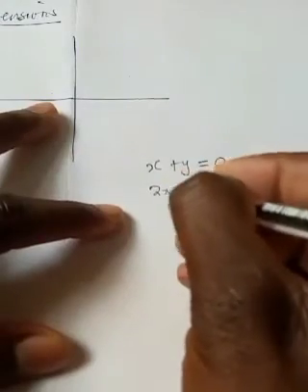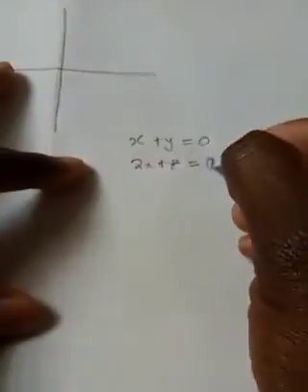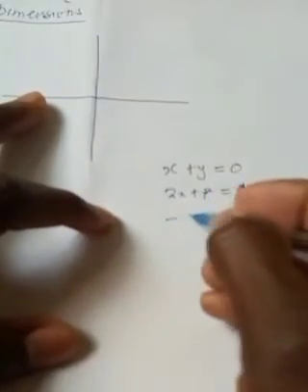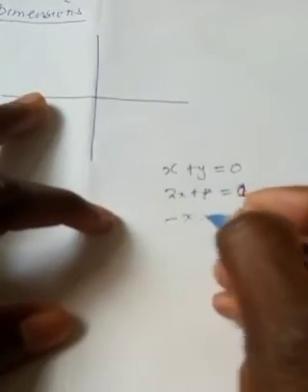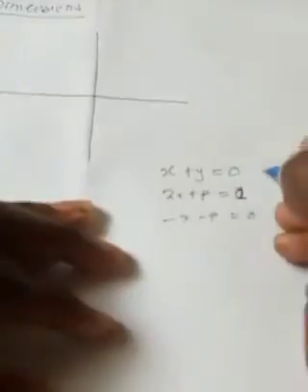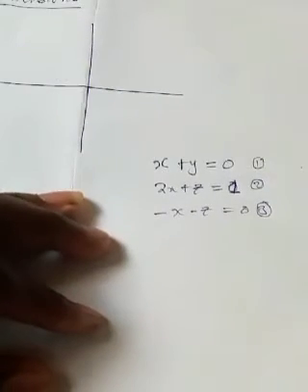We have the second equation, which is 2x plus z equal to 0. Sorry, this has to be equal to 1. And then the last equation, which is negative x minus z equal to 0. So this is my first, second, third equation.